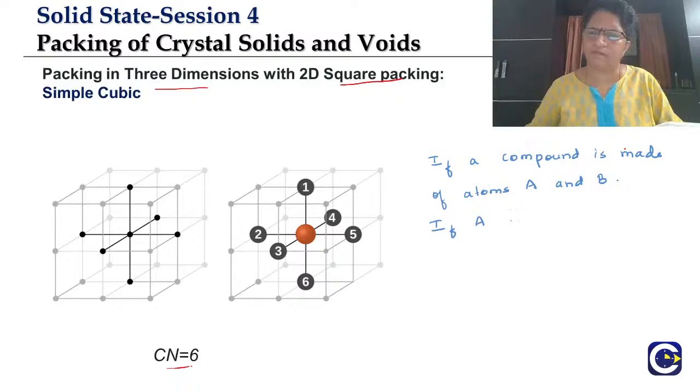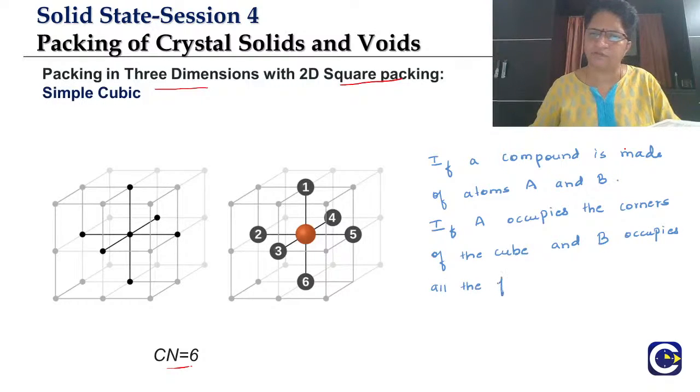If A occupies the corners of the cube and B occupies all the face centers, what is the formula of the compound?